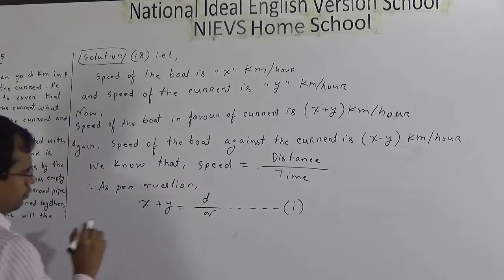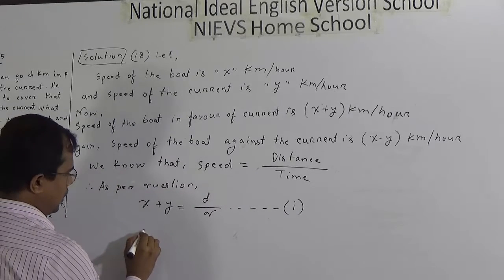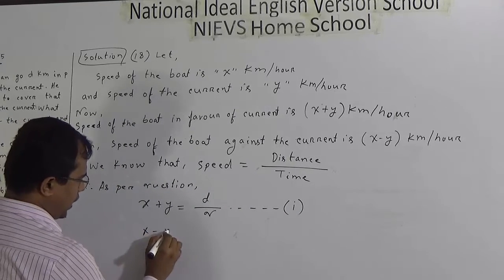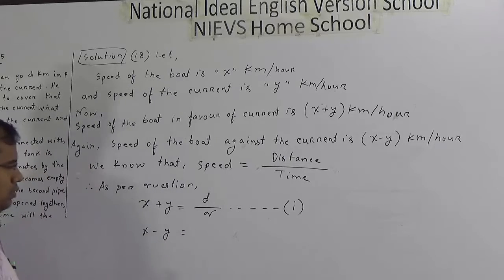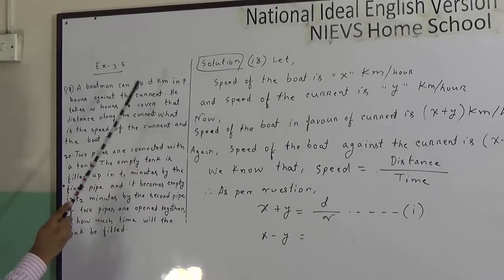Now, speed of the boat against the current is x minus y. Here, in case of against the current, distance is d kilometer and time is p hours. So its speed will be d divided by p.